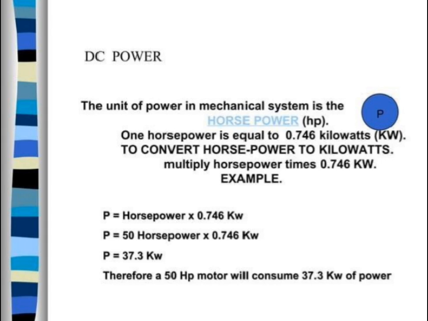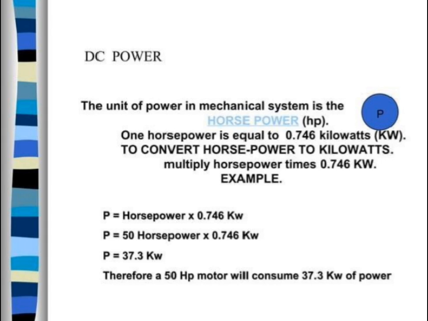For example, if the horsepower is 50, we multiply it by the constant 0.746. The result is 37.3 kilowatts.